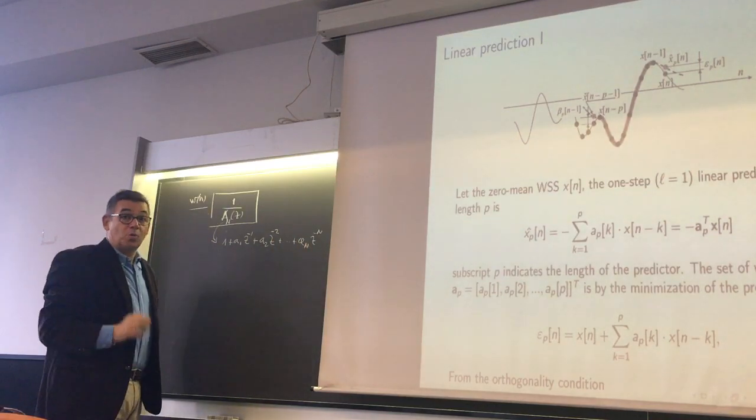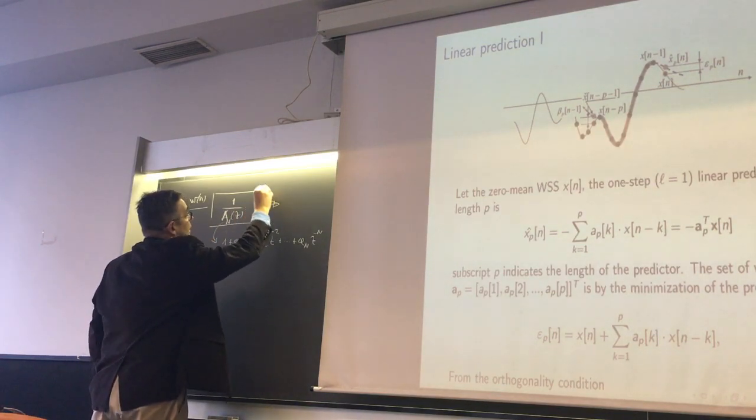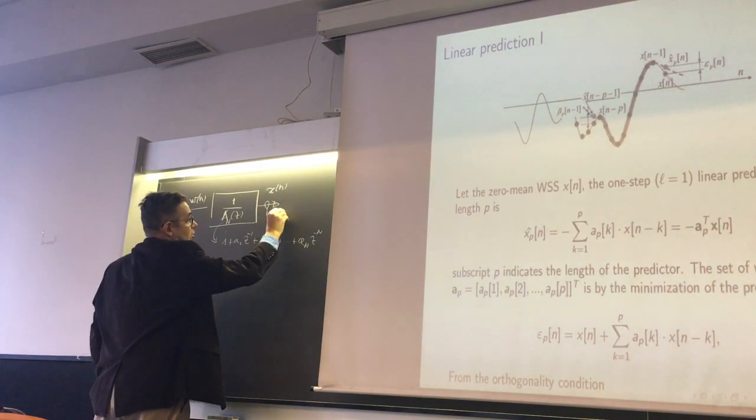The output of that, which we call Xn, is an autoregressive random process of order n.